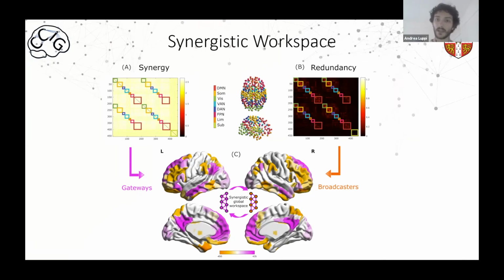Rather, they coincide very strongly with regions that belong to the frontoparietal control network, whereas the default mode network seems to be mostly associated with receiving and integrating this information from the rest of the brain. And so again, this is a data-driven way to distinguish between senders and receivers of information, not in terms of directionality, I should add, but rather in terms of the roles that they perform in the brain.